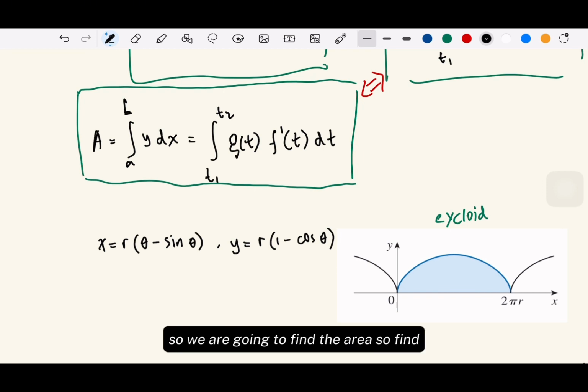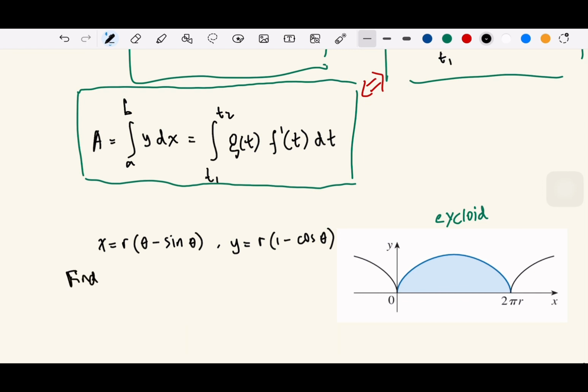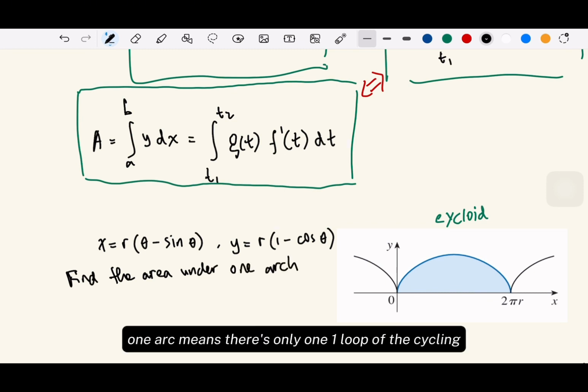So we are going to find the area under one arc. One arc means there's only one loop of the cycloid.